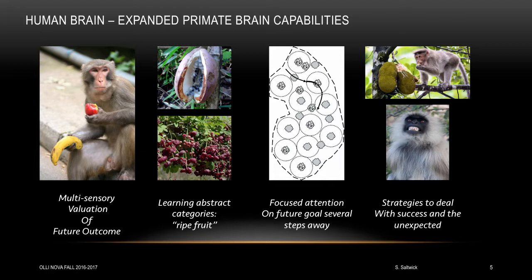There were 4 of them: a multisensory valuation of future outcomes, the learning of abstract categories, focused attention on a goal that was several steps removed from the current behavior, and strategies to deal with success and the unexpected. So the human unique capabilities build upon this expanded foundation, and that complete set of capabilities is what generate and drive human culture.